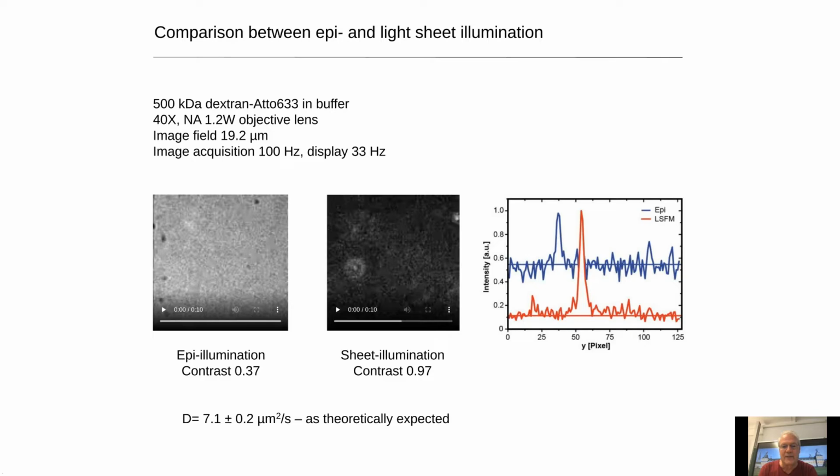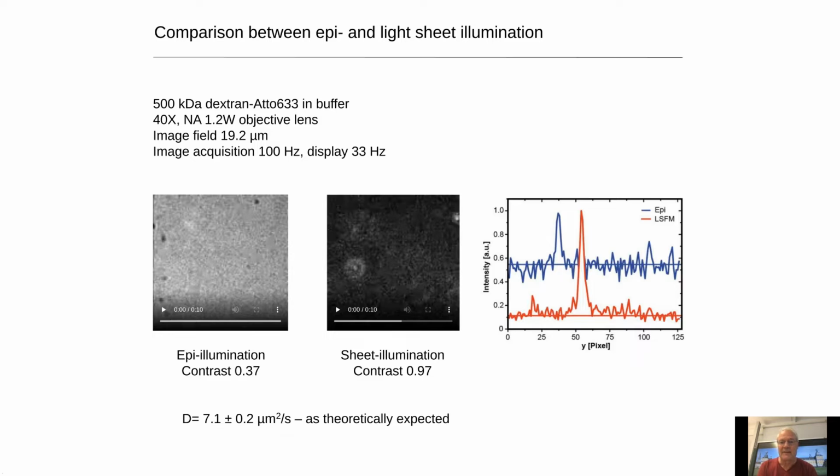In order to demonstrate what the advantage is, we have these two movies. At the left-hand side, we see simply a solution of fluorescent molecules in epifluorescence illumination, and you see that large background, and we can see, using epi-illumination, normal fluorescence microscopy, single molecules that diffuse around in the solution, but the contrast is bad and the background is high.